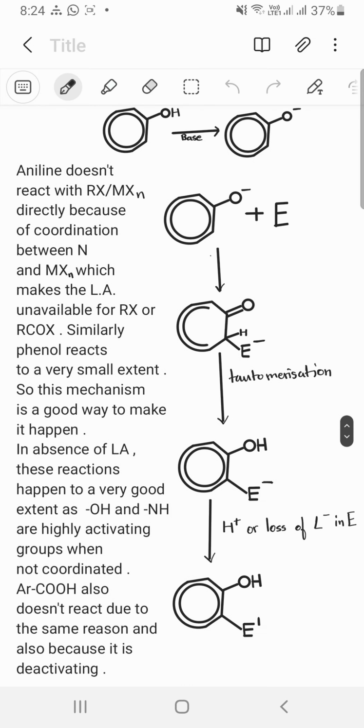So aniline and phenol don't react when there's a Lewis acid catalyst, because it coordinates with that and decreases the concentration of catalyst, making the reaction very slow.